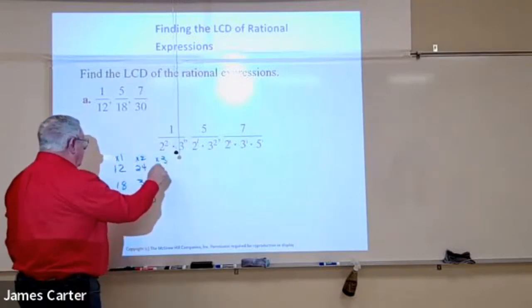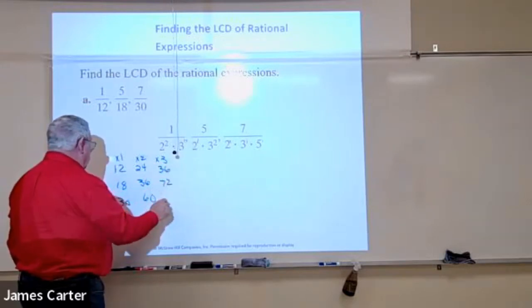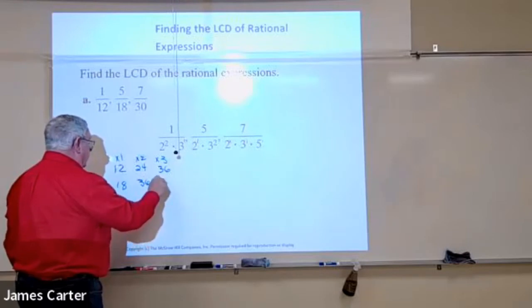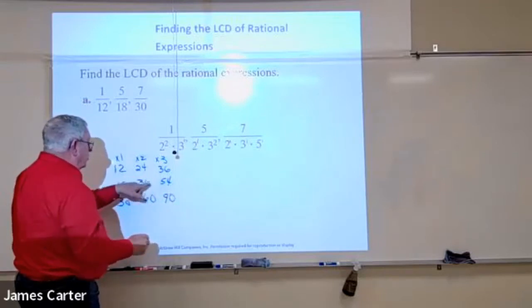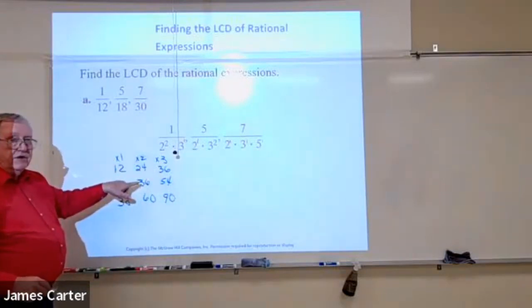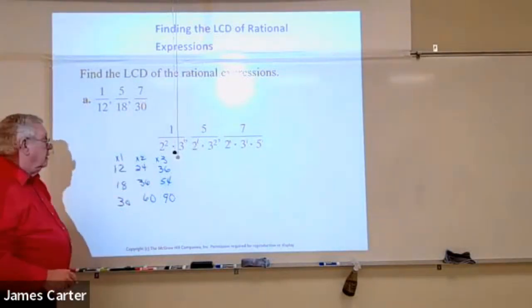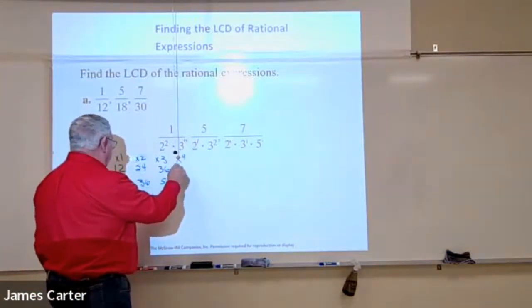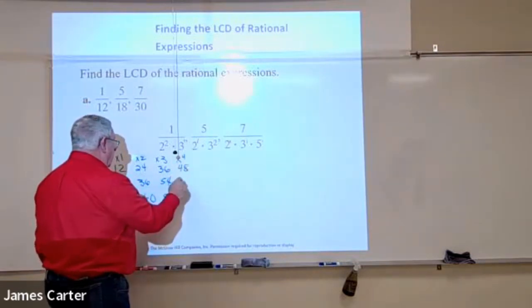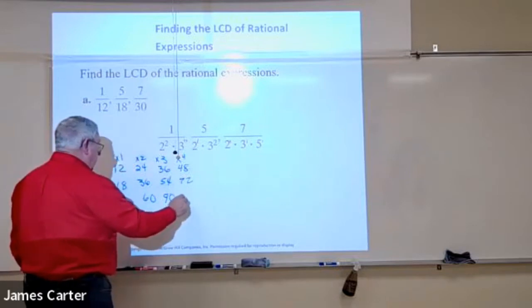Times 3, you would have 36, 54, and 90. Well, I've got a 2-way match here, but I don't have a 3-way. Because there are 3 numbers, I have to have a 3-way match. Well, times 4, I would have 48, 72, and here I would have 120.